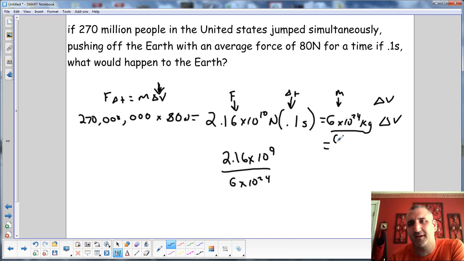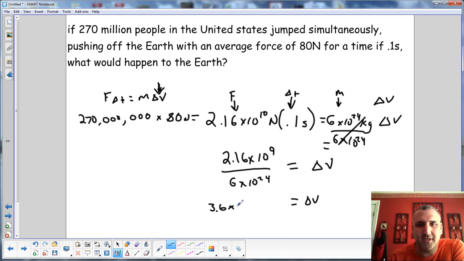Your delta V is going to be a very, very small amount of change in velocity: 3.6 times 10 to the negative 16th meters per second.